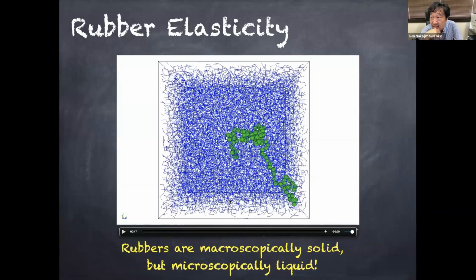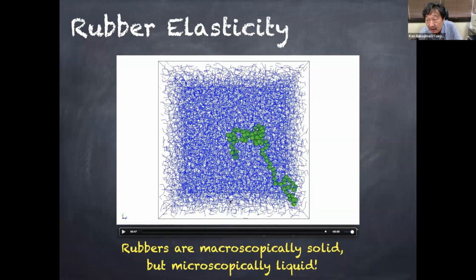But by looking at this and after listening to my lecture, you can say that rubber is microscopically liquid. If it were solid, the atoms would never move so rapidly.